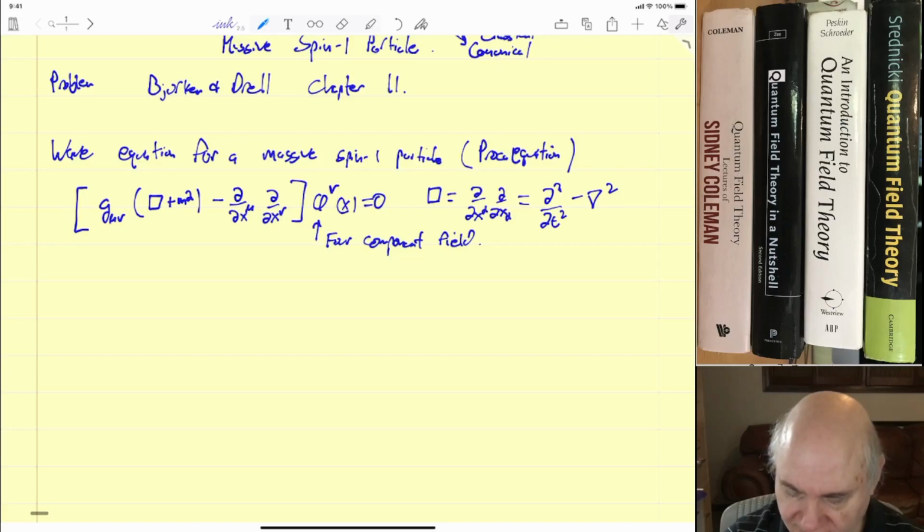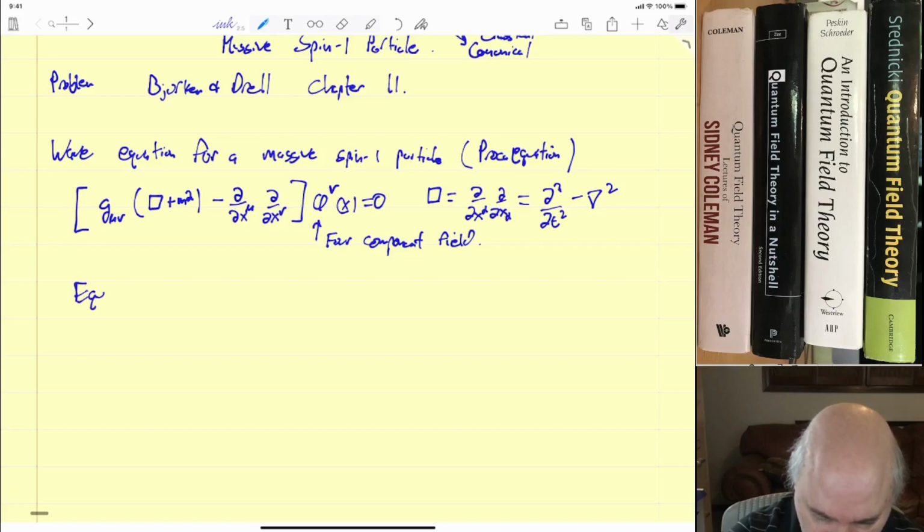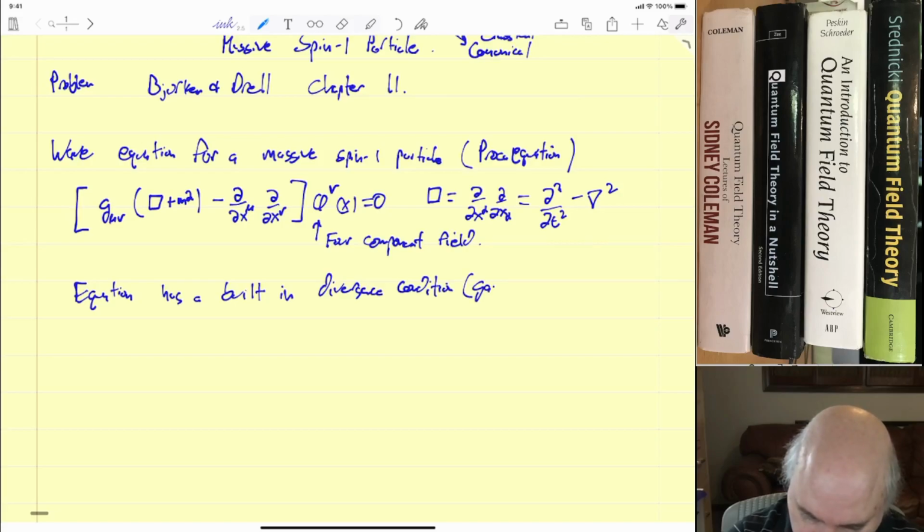So here we'll see already that even though we think we have a 4-component field, we actually have 3 independent components. But we're going to work through the formalism as if we have 4 components, and that will be a subsidiary condition. So the equation has a built-in divergence condition. It's a 4-dimensional divergence. You could also think of it as a gauge condition.